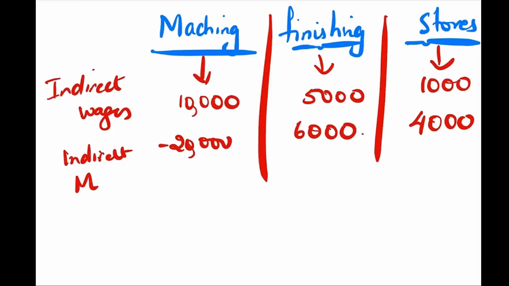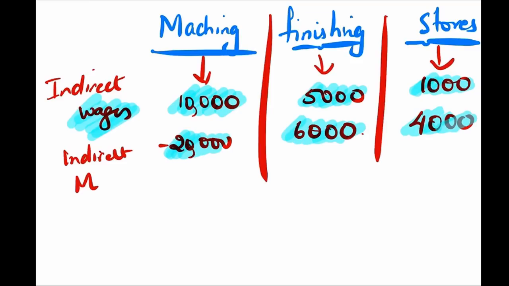Now if you look into it, what is happening is there are expenses of indirect wages where 10,000 was incurred by machining, 5,000 by finishing, and 1,000 by stores. Indirect material 20,000 by machining, 6,000 by finishing, and 4,000 by stores. Now because of this, the expenses which are incurred, which are indirect in nature, by the machining department, you will charge only to them.